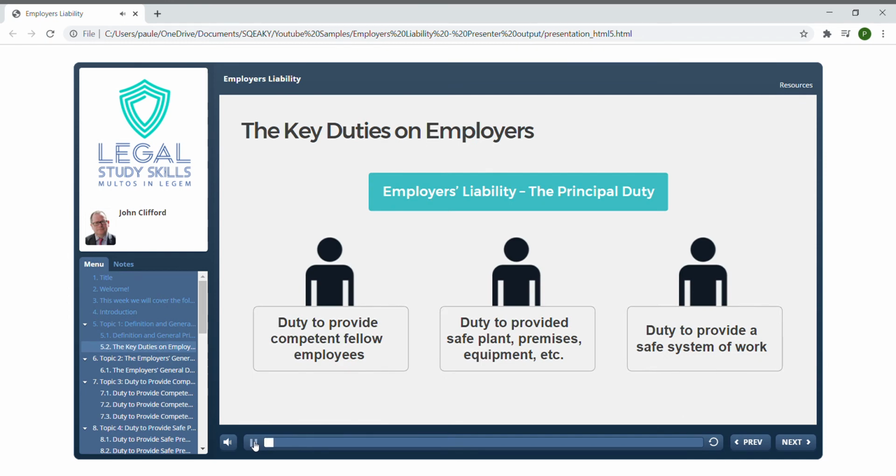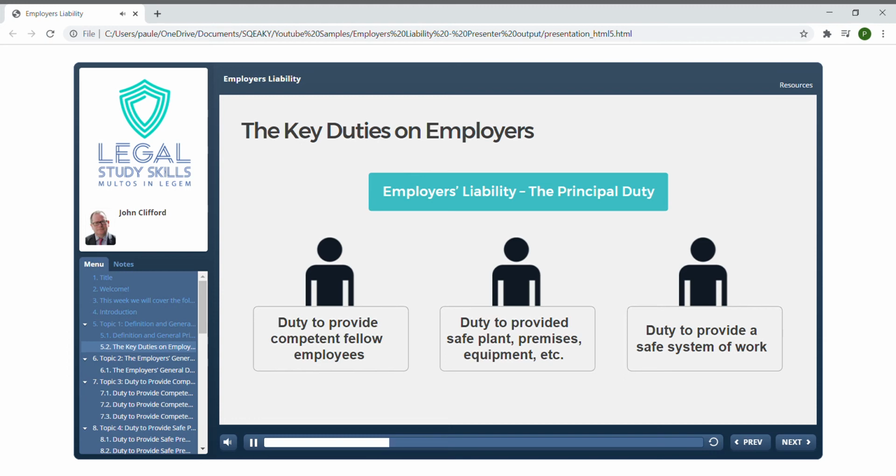So what is the duty that an employer owes to their employees? Well, the principal duty is that an employer is responsible for the health, safety and welfare of all the employees under their care. Now, it is one single duty as far as the courts are concerned. They don't split it up into component parts, but for the sake of studying it, it's easier to do so.